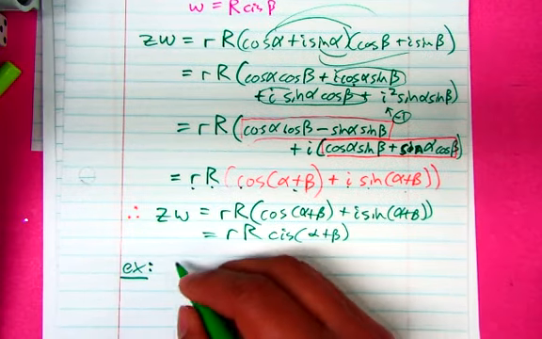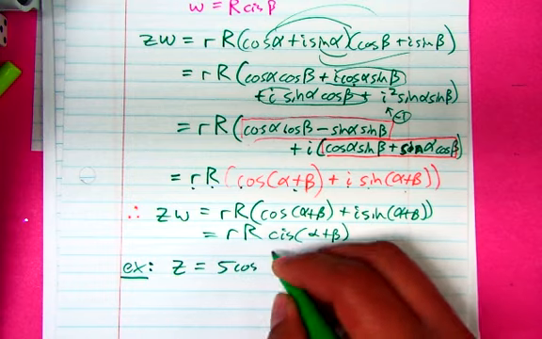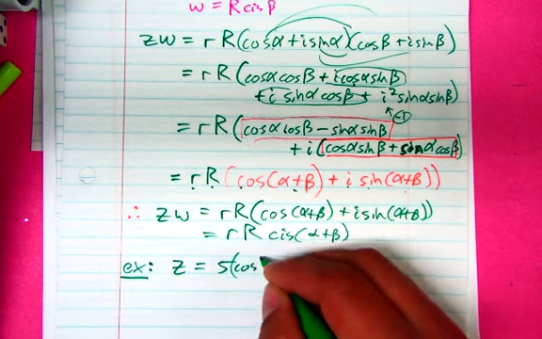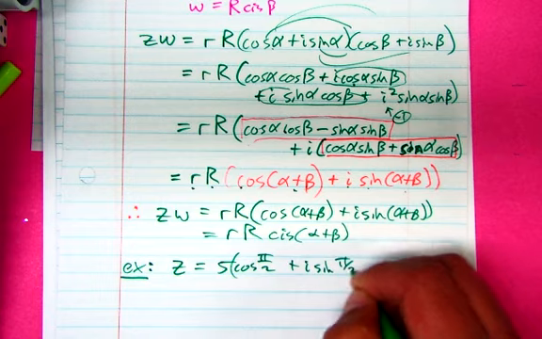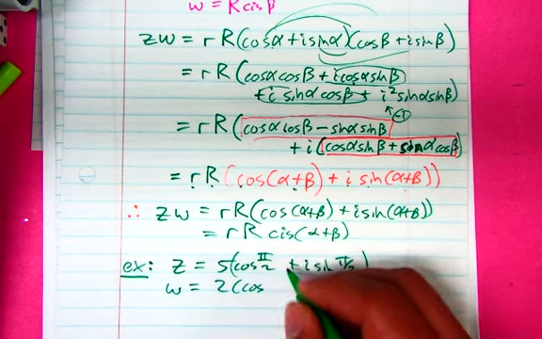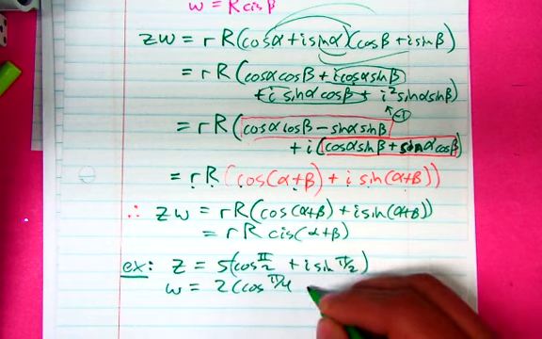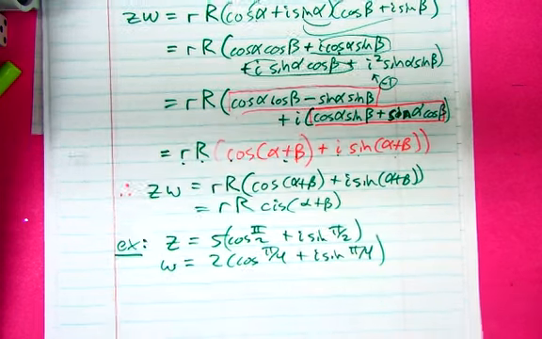Okay? So, for example, let's say I have z equals 5 times cosine of pi over 2 plus i times sine pi over 2. Let's say w is 2 times cosine of pi over 4 plus i times sine pi over 4.